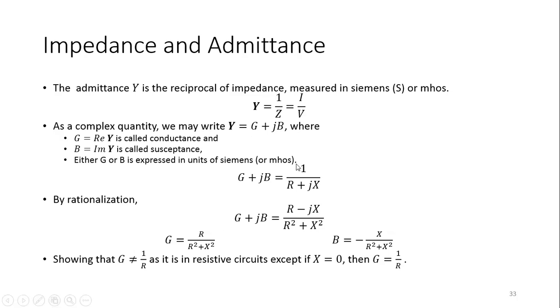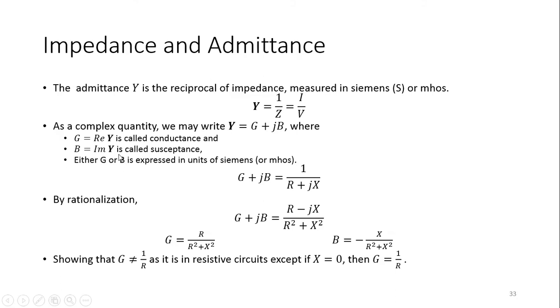The common convention for most writers is that we represent admittance as G plus jB, where G is the real part of Y and is called conductance. It corresponds to resistance, but it is not equal to 1 upon R. We have to just see into its details.